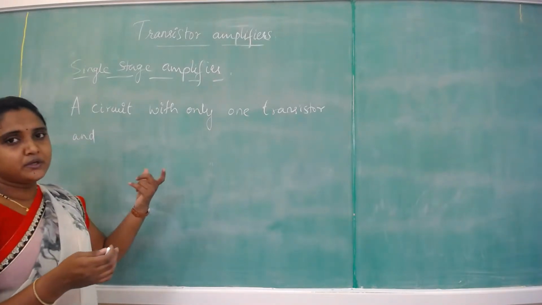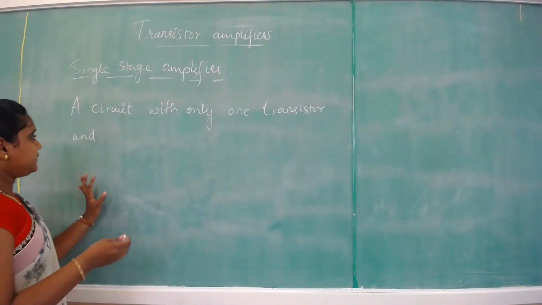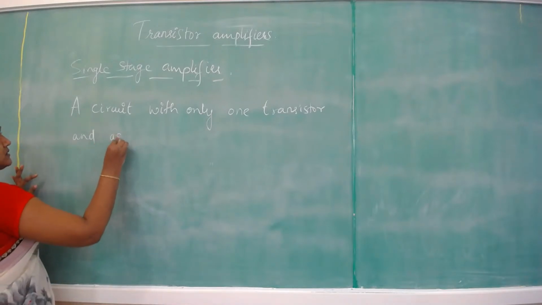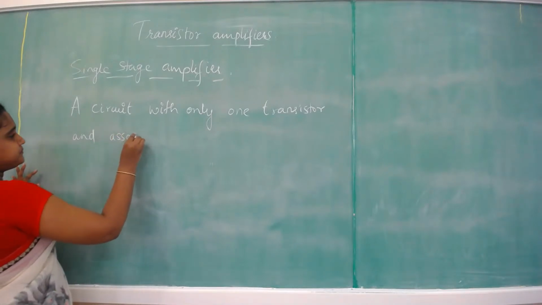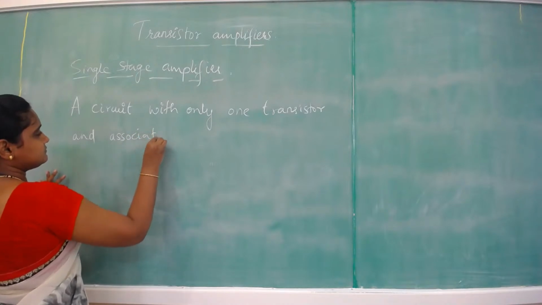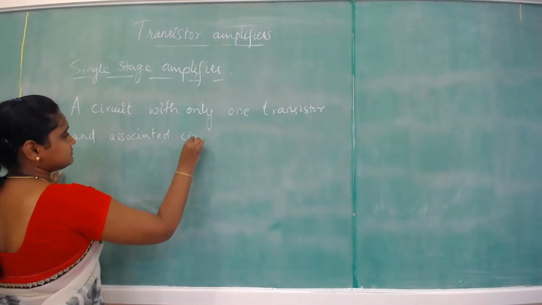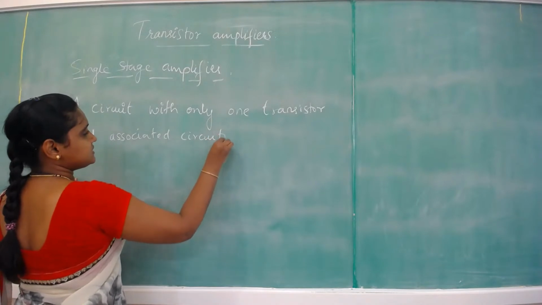So the total unit of amplifier has one transistor and associated circuitry.